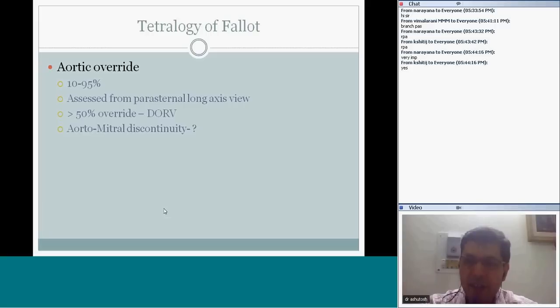So let's say there is an aortic override of more than 60% and there is no aortomitral discontinuity. So will it be a TOF or a DORV?